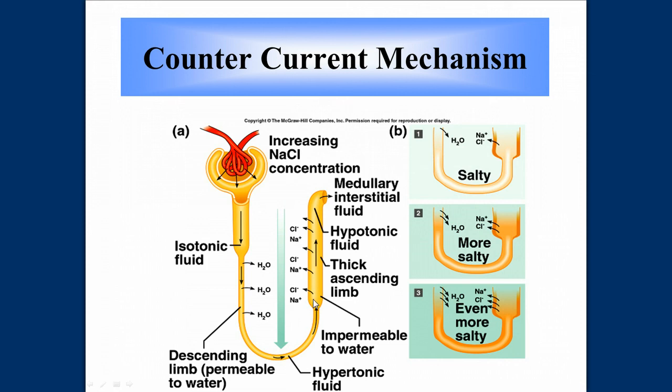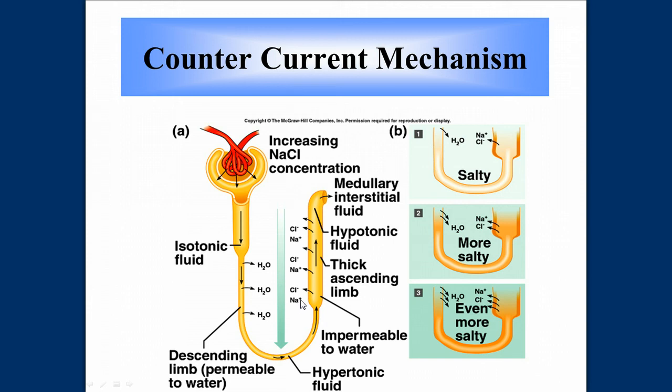Here we have sodium being released. It's allowed to pass through. Now, look at this little plus sign. Sodium is a positively charged ion. By the way, an ion is a charged atom, or a charged particle.